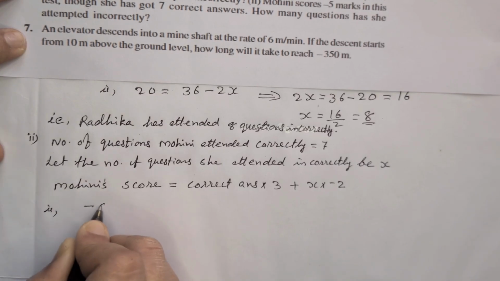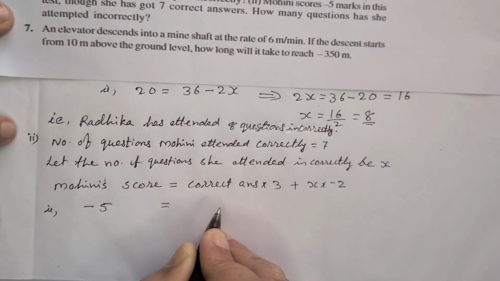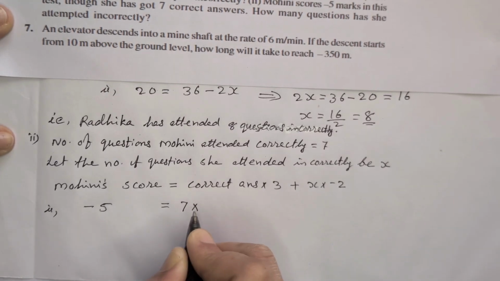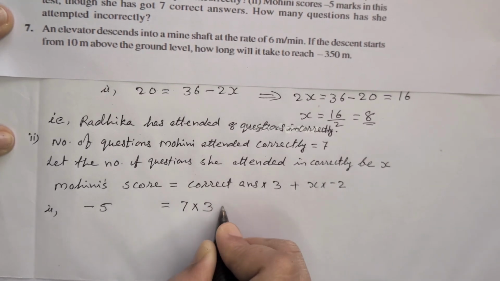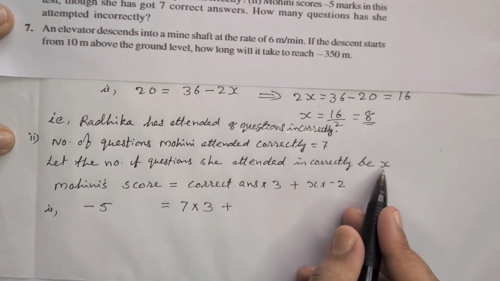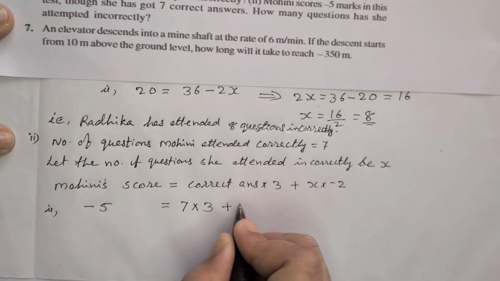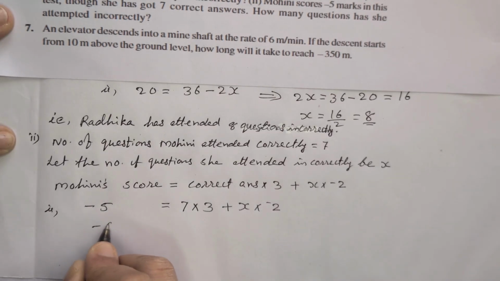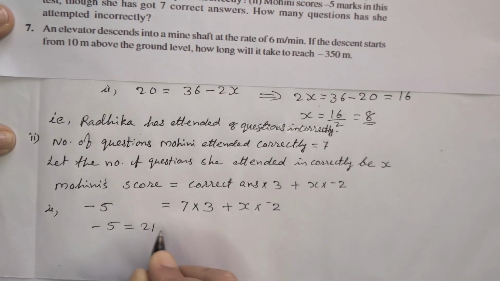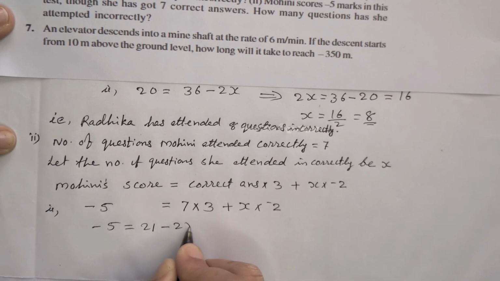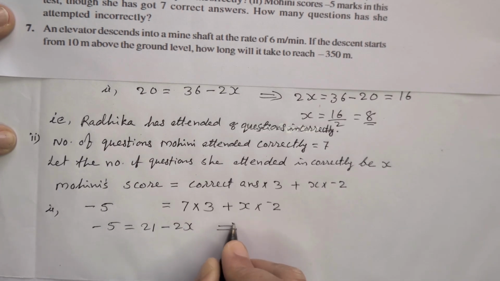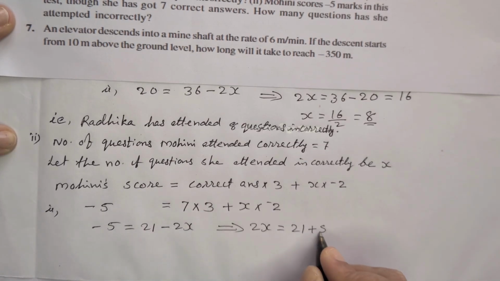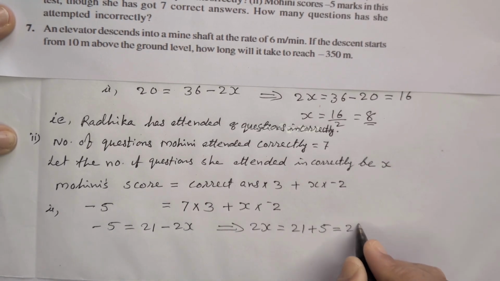Mohini's score here is given as minus 5. She answered 7 questions correctly, so 7 into 3 plus x into minus 2, as each wrong answer gets a negative mark of 2. So minus 5 is equal to 7 into 3, 21 minus 2x. Minus 2x we can move to the other side. 2x is equal to 21 plus 5, which is 26.